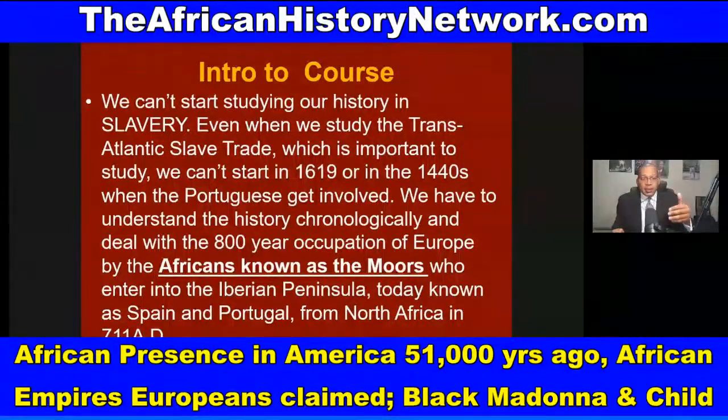And it's going to be these teachings that the Moors take into Europe from the Nile Valley region of Africa. It's going to be these teachings that bring Europe out of the Dark Ages, okay? And then the next period that Europe enters into is called the Renaissance era, which is a period of new enlightenment. So we have to deal with the 800-year occupation of Europe by the Africans known as the Moors, who entered the Iberian Peninsula in 711 AD.